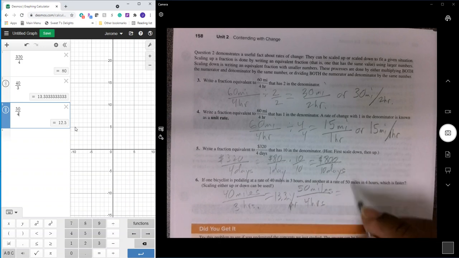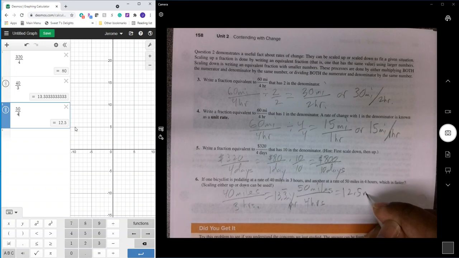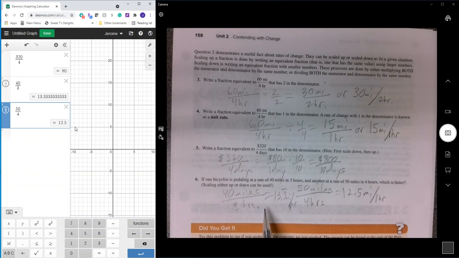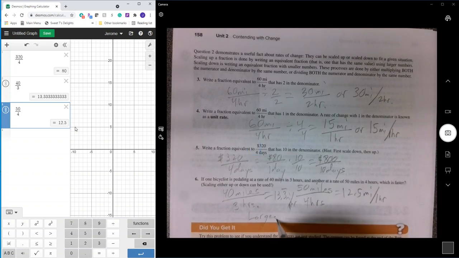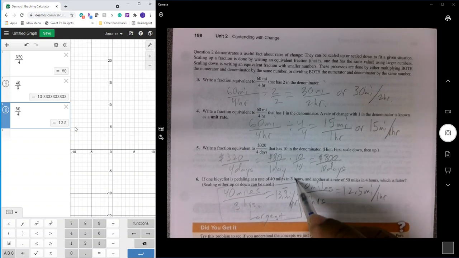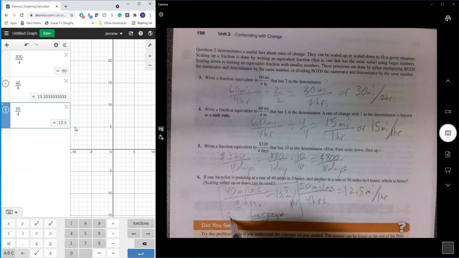And then here, this would be 12.5 miles per 1 hour, and I should have put the repeating 3 on the 13.3. So we know that the first value is the largest, or the fastest, I should say. Yeah, I should put down this is the fastest.